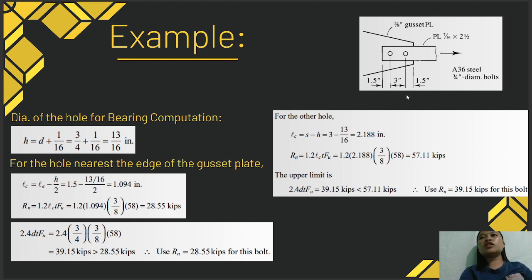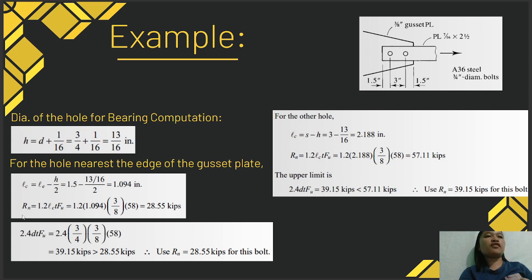So, atong LE mao siya ang edge distance gikan sa gusset plate o sa center sa imuhang bolt. So, we have now 1.5 minus atong bagong nakuha sa hole, diameter sa hole, which is 13 over 16 all over 2. So, we have LC now, or edge distance to center, nga 1.094 inches.